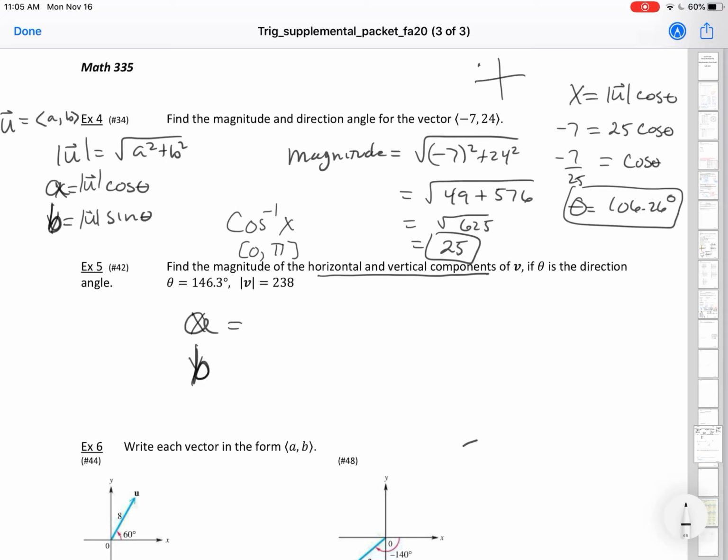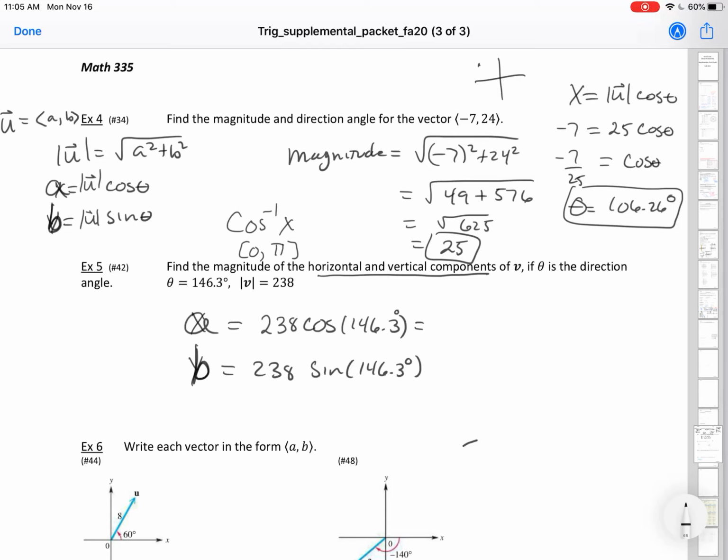No problem. We know A is the x component, and we know that cosine corresponds to x from chapter 2 of this course. So this is 238 cosine of 146.3, and this is 238 sine of 146.3 degrees. What do we get out of this?